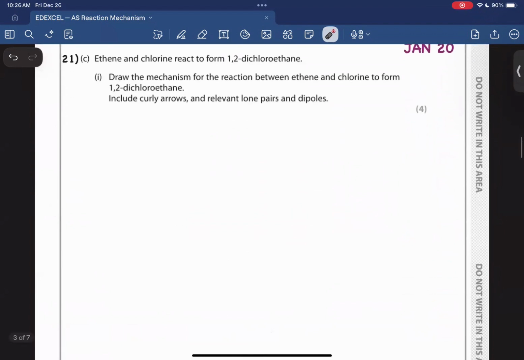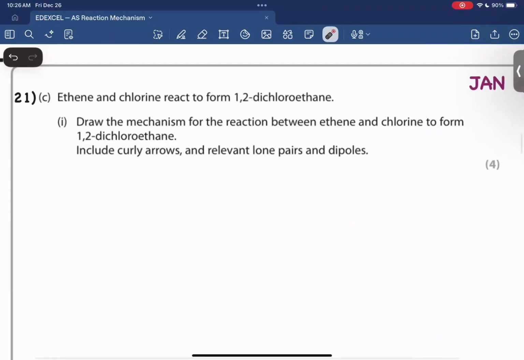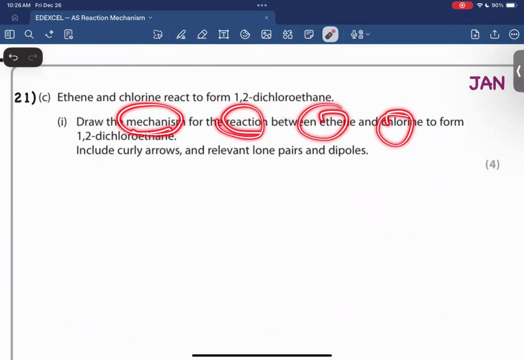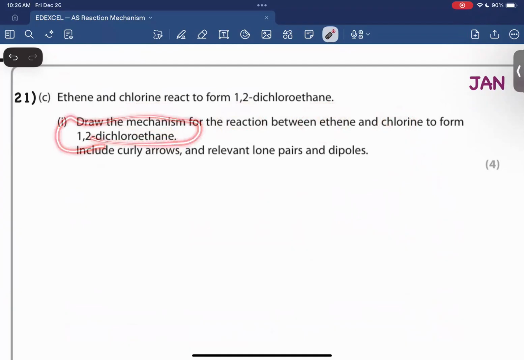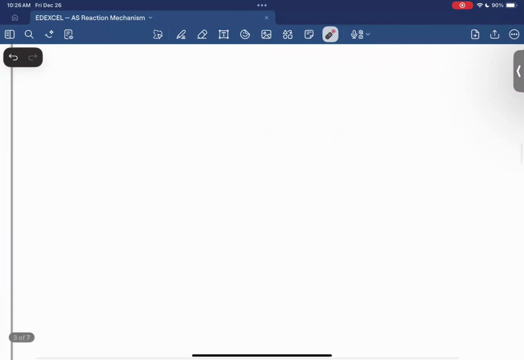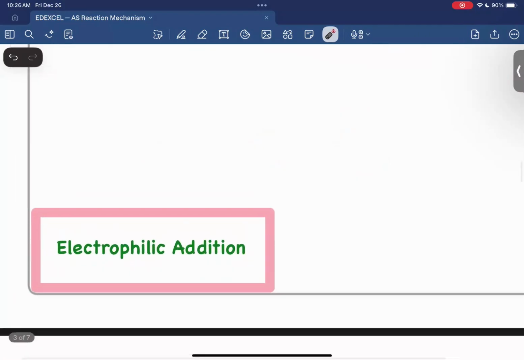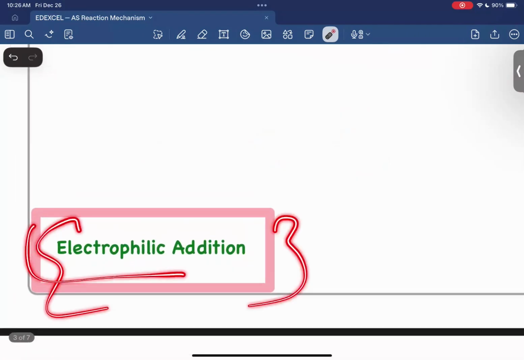Now, in this question, it says that ethene, an alkene, and chlorine react together to form this compound. Draw the mechanism for the reaction between ethene and chlorine to form 1,2-dichloroethane. Include curly arrows and relevant lone pairs and dipoles. Now, the type of reaction is what we refer to as electrophilic addition.